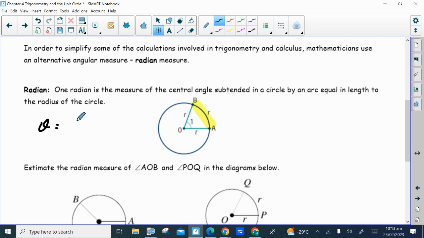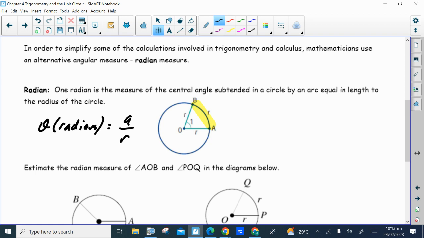The measure of the central angle theta, and let's again say that that is in radians, can be found by taking the length of the arc a and dividing by the radius r. And this formula is actually on your formula sheet.